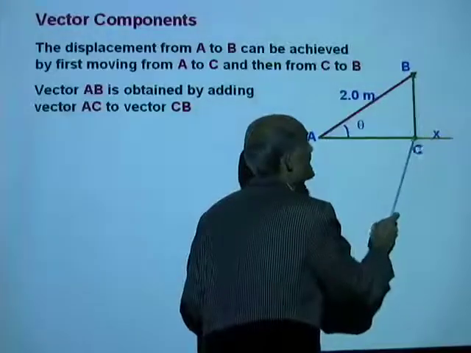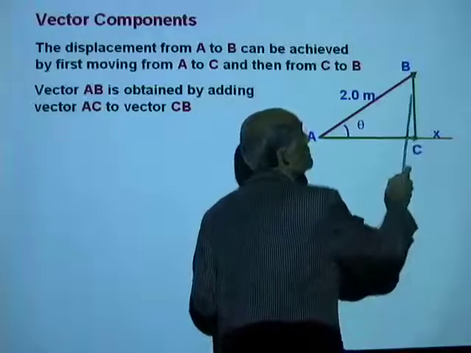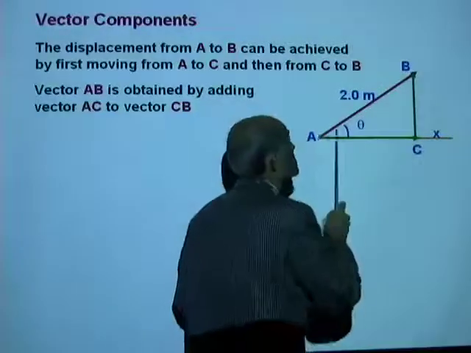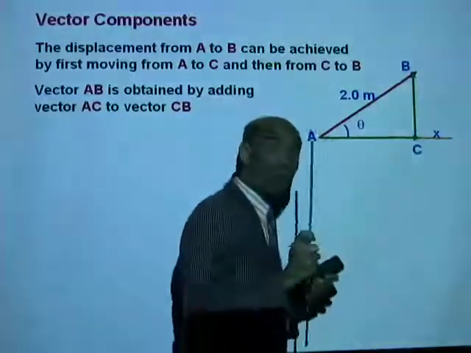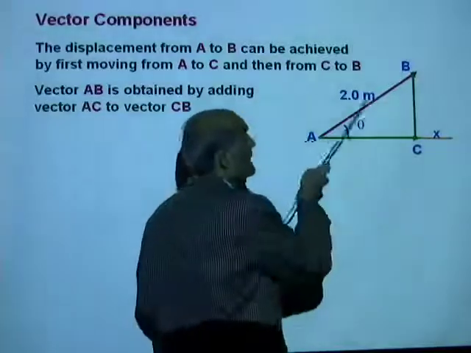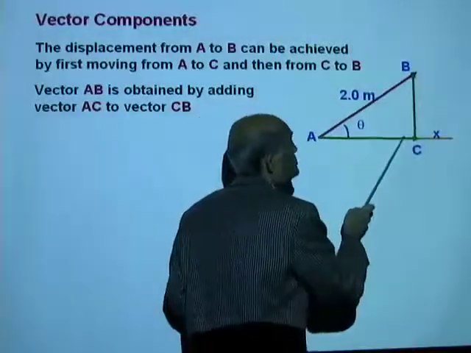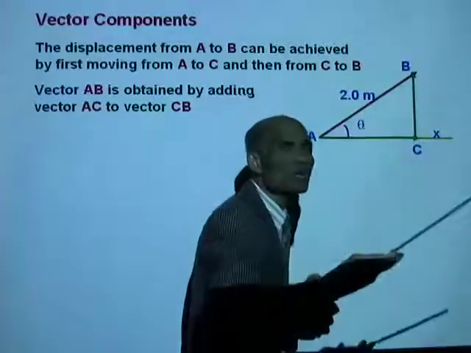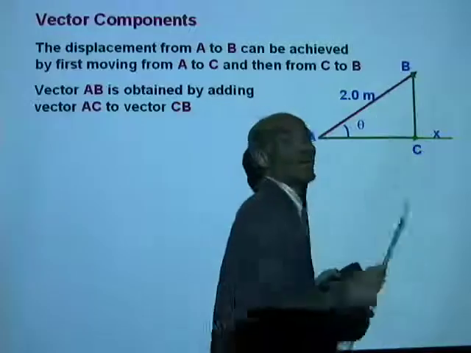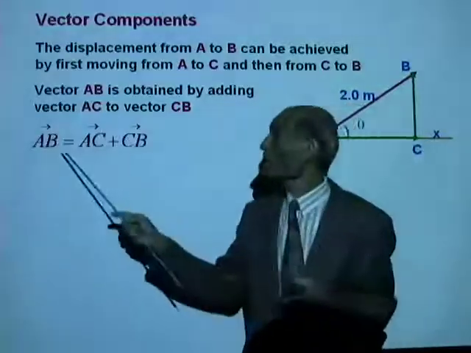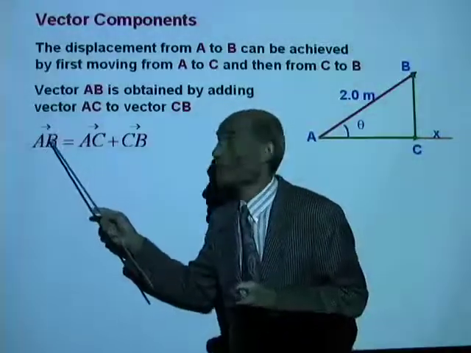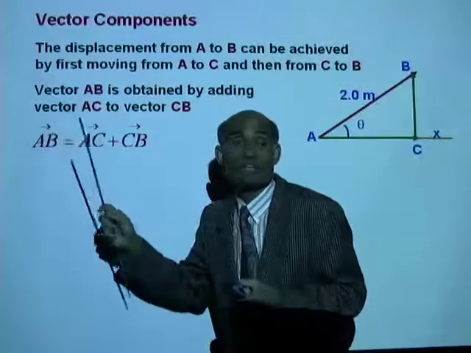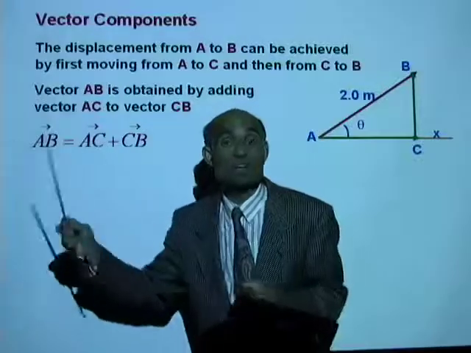Adding vector AC to vector CB gives me the resultant vector AB. Or we say here, vector AC and vector CB are the components of vector AB. And look at the vector equation. Vector AB, that arrow on top of AB says AB is a vector.